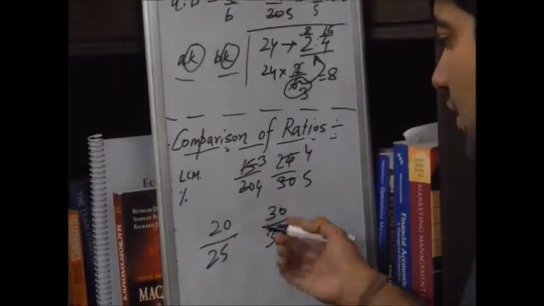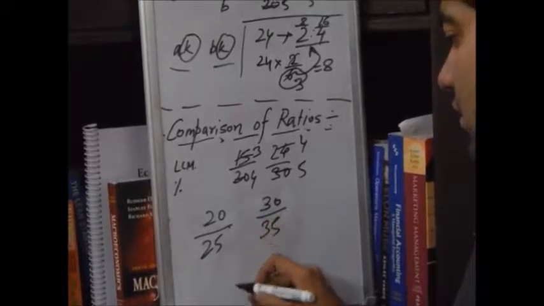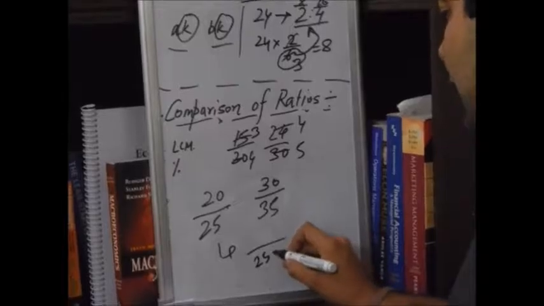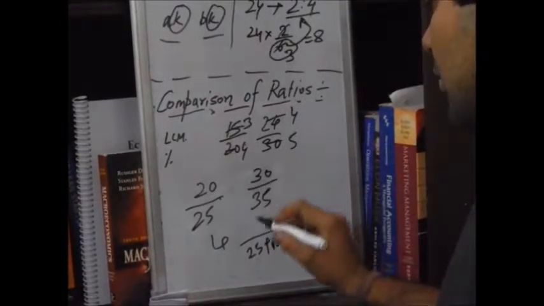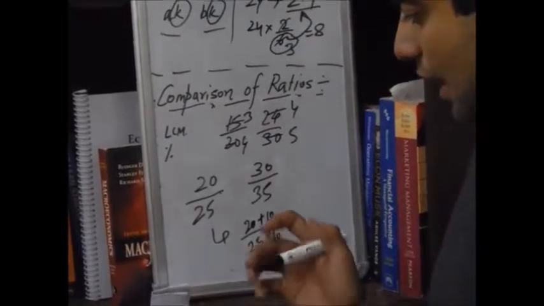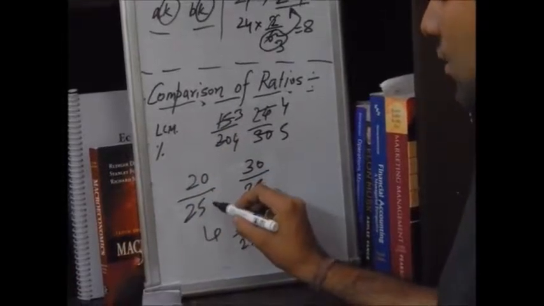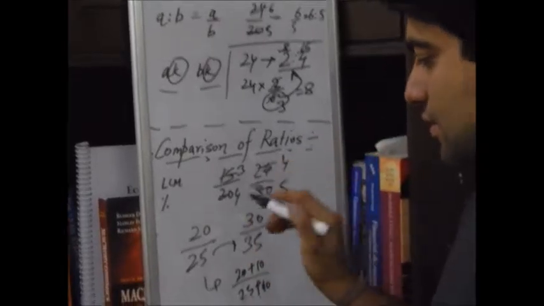Suppose I increase this by 10. Actually 35 is 25 plus 10, and 30 would be 20 plus 10. So I am increasing this denominator by a certain amount so that it becomes equal to this. Suppose some percentage, x percentage.